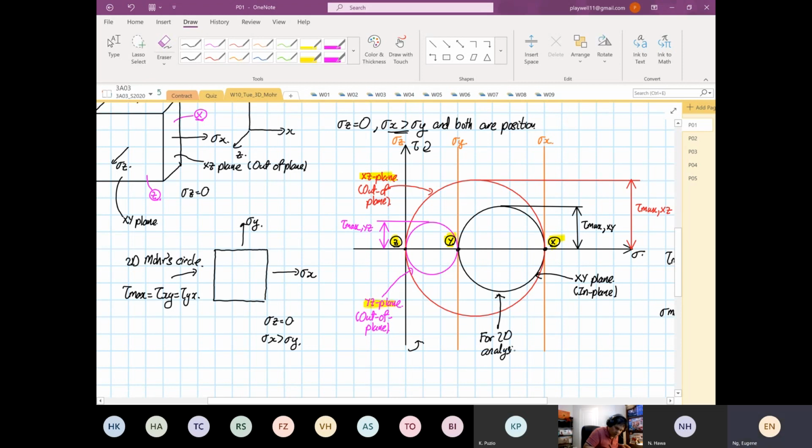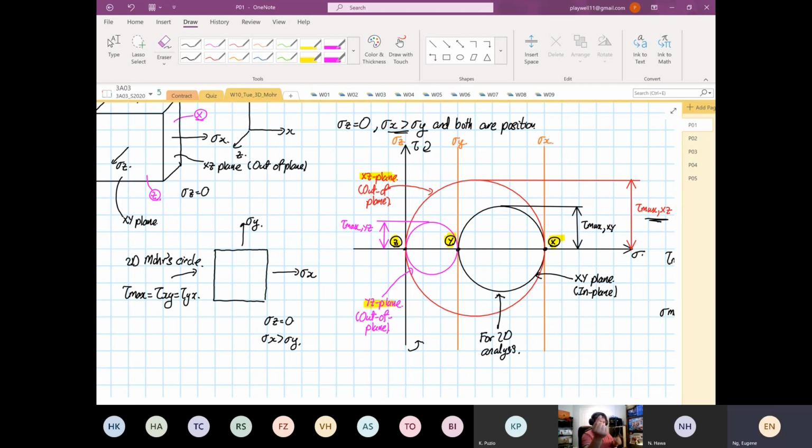Which is wrong. Right? You have to look at it on the 3D line now. So on 3D, you have stress equal to 0, right? And then your shear stress will be what? Your tau max is in the out of plane regime. Right?